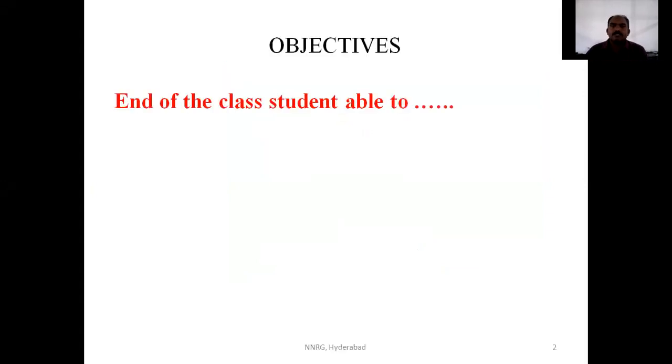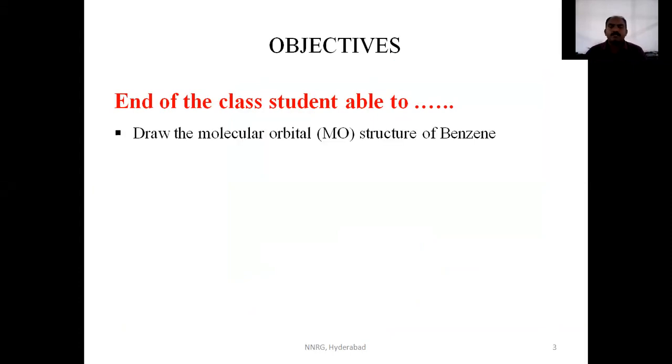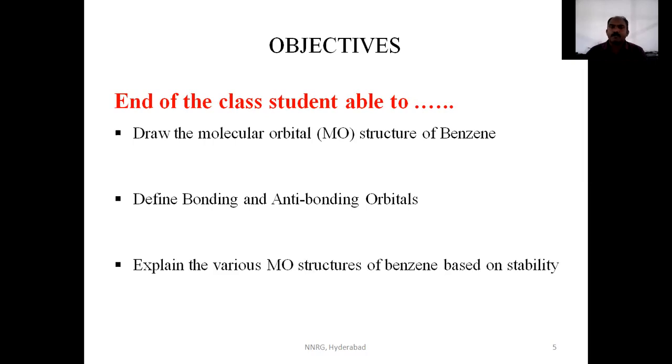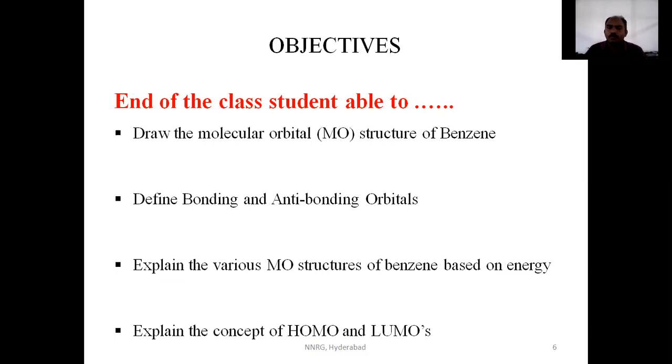So when you go to the class, the objectives of this class is, at the end of the class, students should be able to write or draw the molecular orbital structure of benzene, define bonding and antibonding orbitals, explain the various molecular orbital structures based on stability, and explain the concept of HOMO and LUMO.